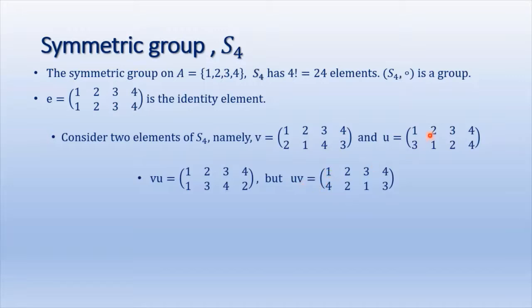Next 2 goes to 1 and 1 goes to 2. So 2 goes to 2. Similarly 3 goes to 2 in U and the corresponding 2 goes to 1 in V. Therefore the image of 3 is 1. And finally 4 goes to 4, that 4 goes to 3. So 4 goes to 3. So you can see from these two that VU and UV are not equal.